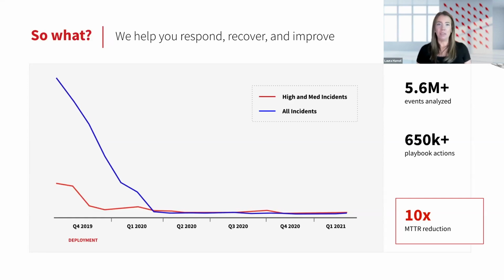So after he implemented Red Canary, you see that big drop with high and medium incidents and then overall incidents. Because they let Red Canary come in and help them respond and remediate, they were able to drop the time to remediation to around 3 hours.